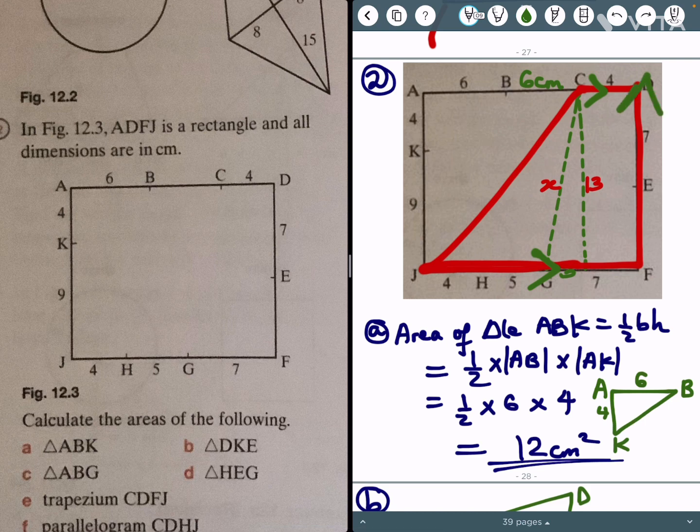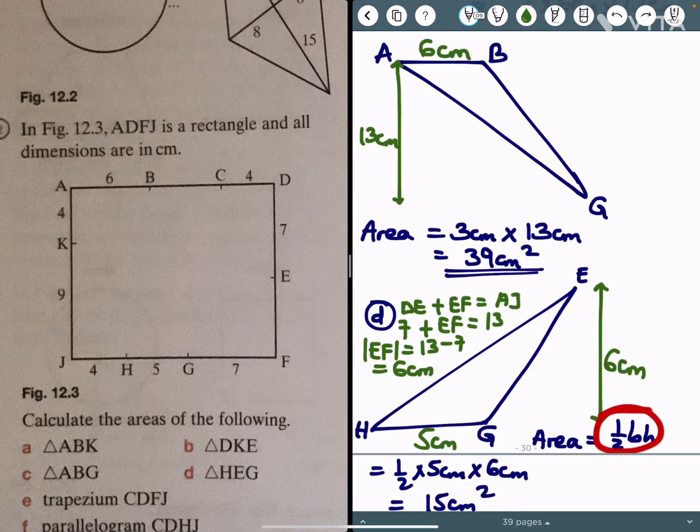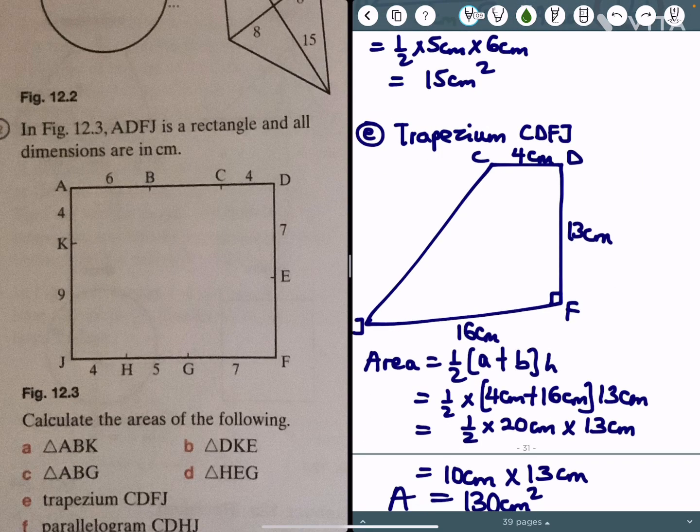And the vertical height of my trapezium will be 13. So the area of a trapezium is half A plus B times H. That gives me half times 4 plus 16 times 13. 4 is the smaller upper side, and 16 is the base side.